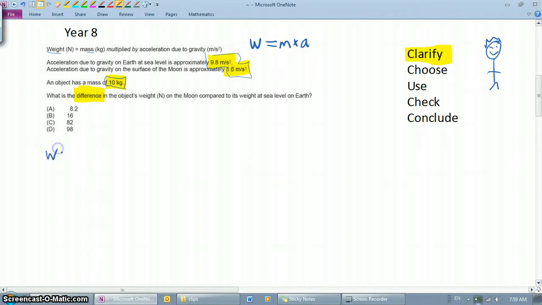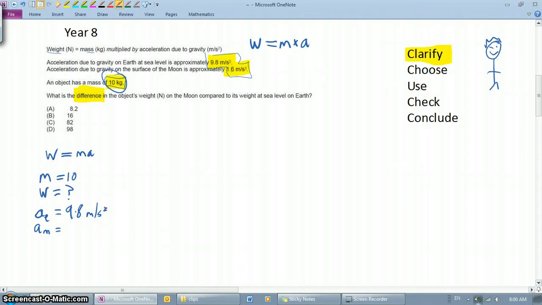We have our equation, W equals ma. The mass we have, m equals 10. The W, we don't know, that's what we need to work out. And the acceleration, well, we have 2: the acceleration of the Earth and the acceleration of the Moon. The acceleration of the Earth is 9.8 meters per second squared.